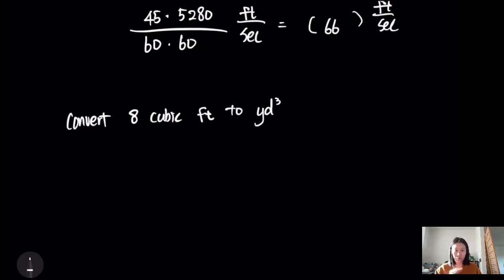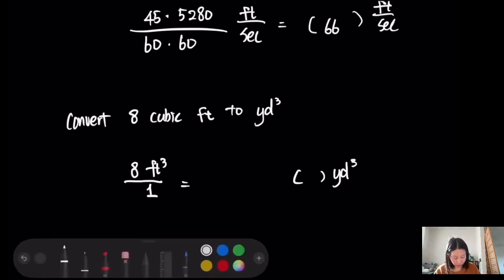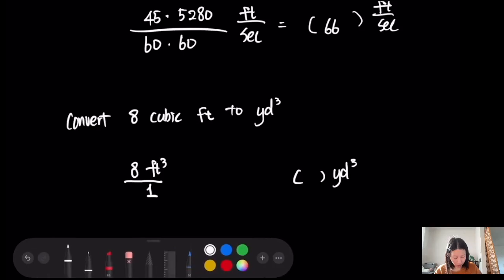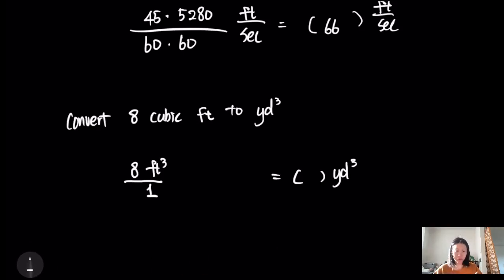Okay, so we want 8 cubic feet converted to cubic yard. So here's our goal. In order to convert that, we need to know, okay, how many feet equals to 1 yard, or 1 yard equals to how many feet?